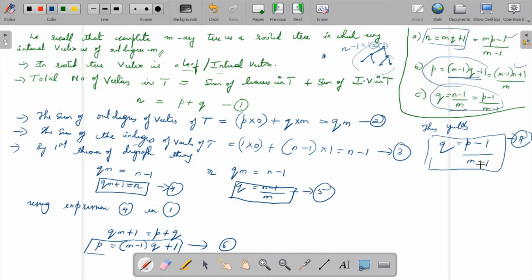Putting this q value in the fourth equation, I'll just take another ink.